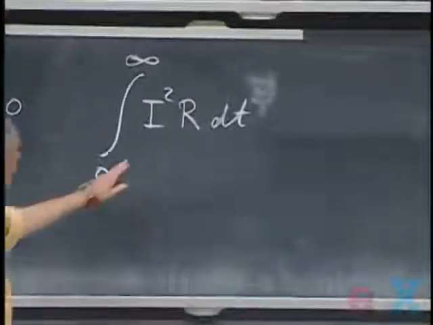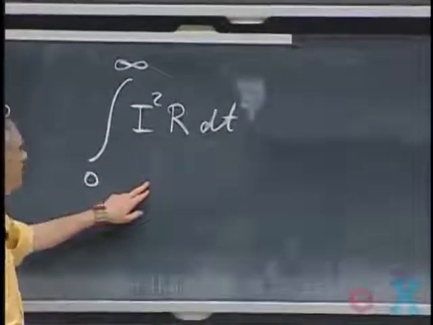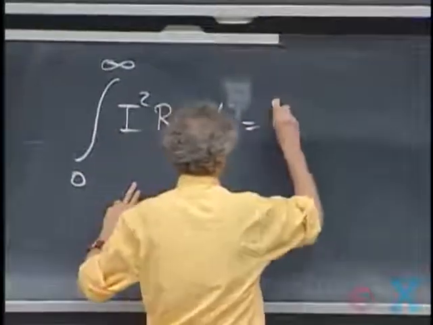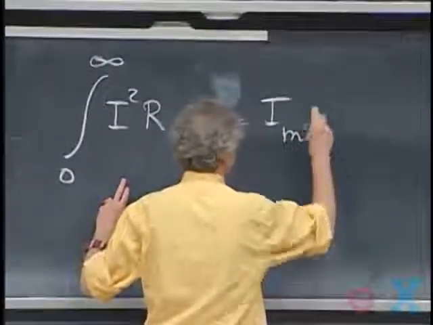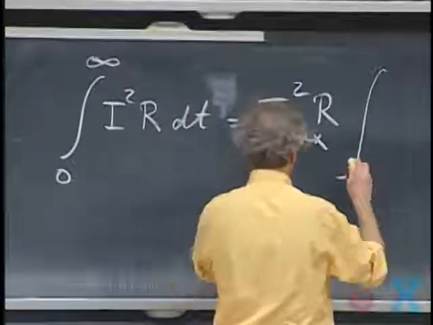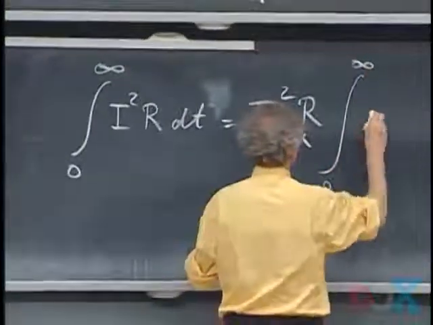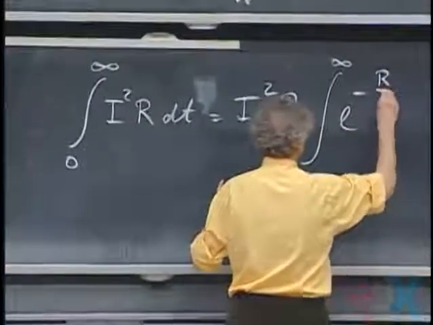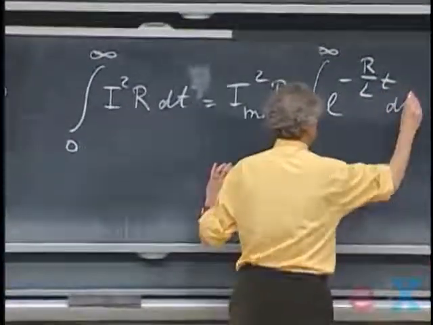But I know what this current was, I just erased it, but I still remember it. So I can bring I max outside, and I can bring the resistance outside, and then I get the integral from 0 to infinity of e to the minus R over L times t dt.